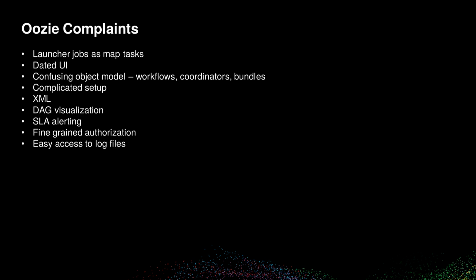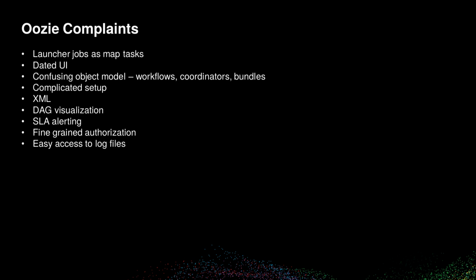So with that I can talk about that tweet that went out, right? Oozie has a lot of misconceptions about it in the community. It's hard to use, it's XML driven, there's no fluent API, complex structure, right? Bundles, coordinators. The very first complaint is that Oozie jobs are executed on Hadoop as mapper jobs, so MapReduce jobs. When you submit a job, it will be a mapper launcher. All right?